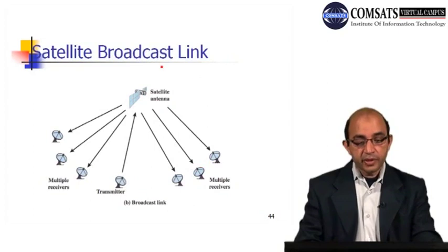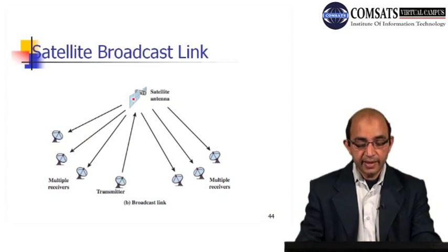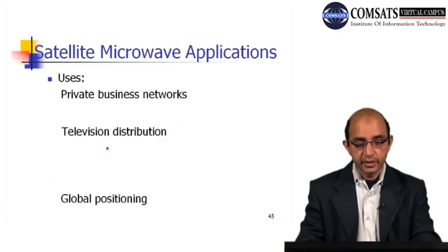And then we have the broadcast. So the satellite is broadcasting. This is the transmitter, and the satellite is broadcasting and it is being listened to by all the receivers. The dish TV receiver is the best example, where multiple receivers are receiving the satellite communication on a certain band.